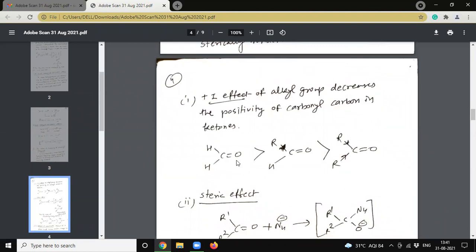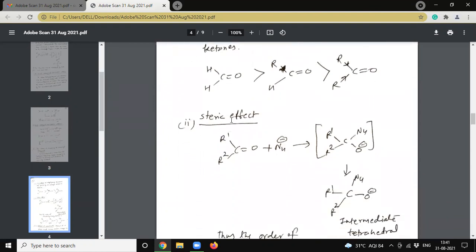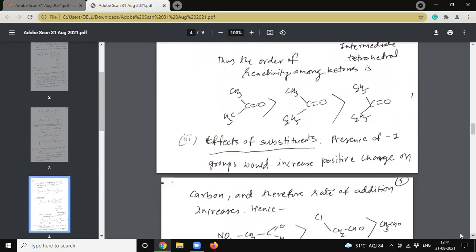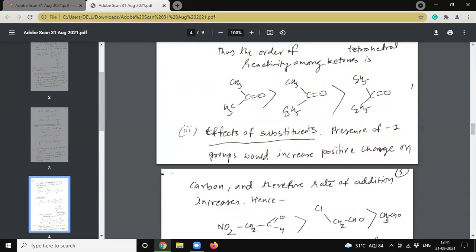So the reactivity of formaldehyde is more. Steric effect. If steric effect is there, see here, thus the order of reactivity among ketones is here: acetone, then this ketone, then diethyl ketone.